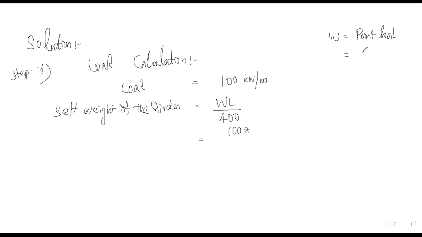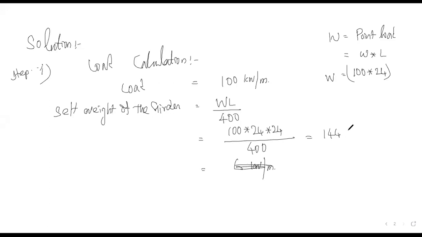Here they have given us a UDL, so that UDL into total span gives us the load. So 100 into 24. That is our W. So 100 into 24 into 24 divided by 400. It becomes, sorry, 144 kilonewton.